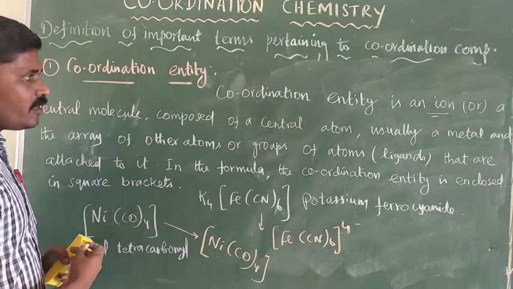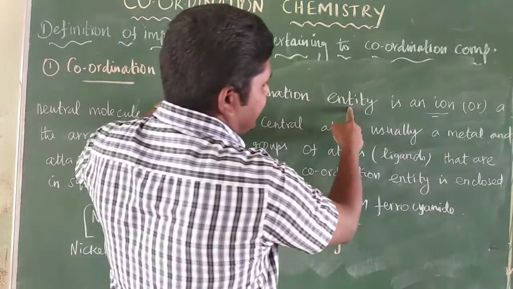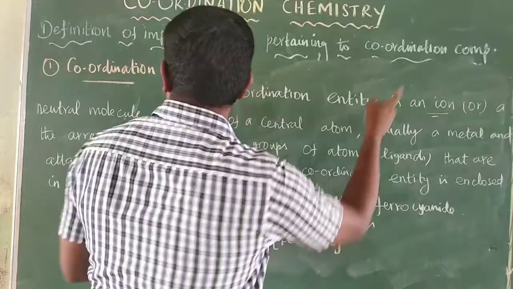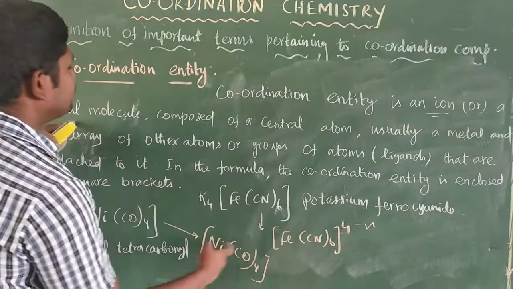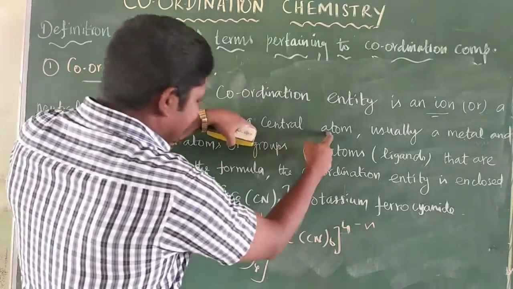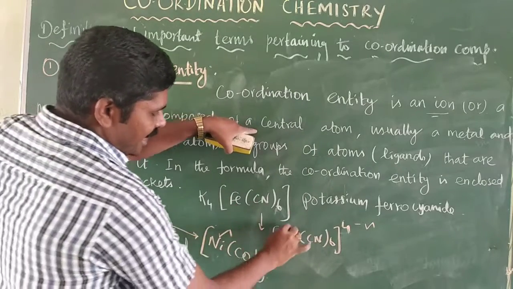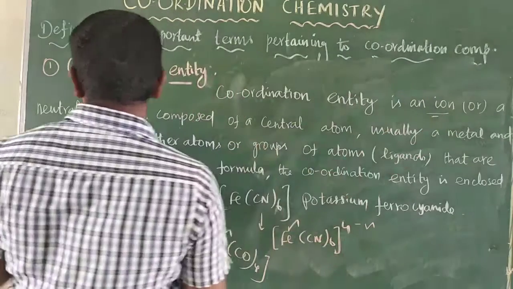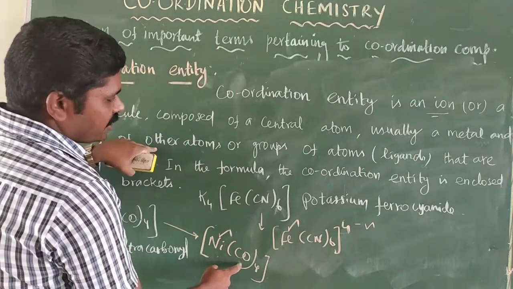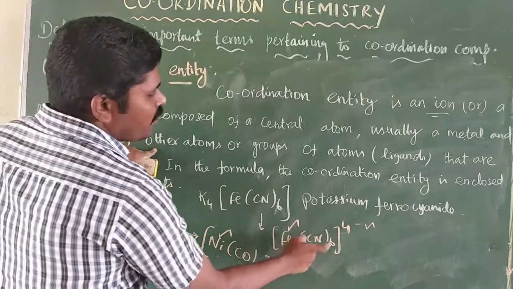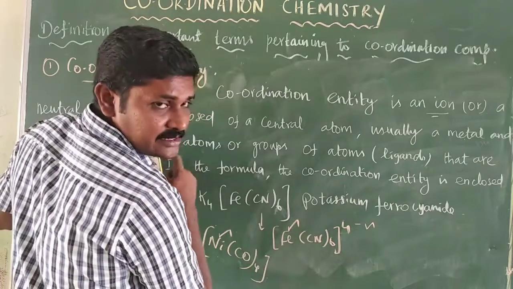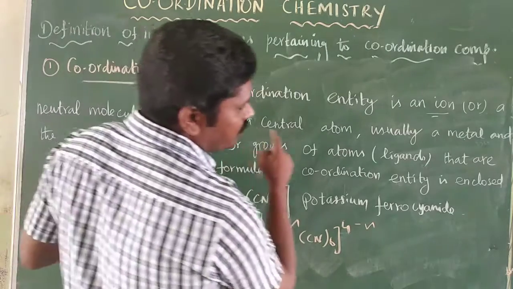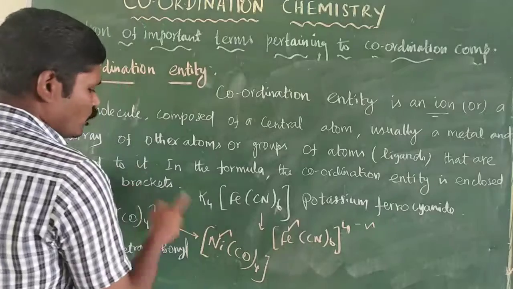The coordination entity is an ion or neutral molecule, composed of a central atom, usually a metal, and an array of other atoms or groups, so-called ligands. CN minus is a ligand, CO carbonyl is a ligand, that are attached to it.